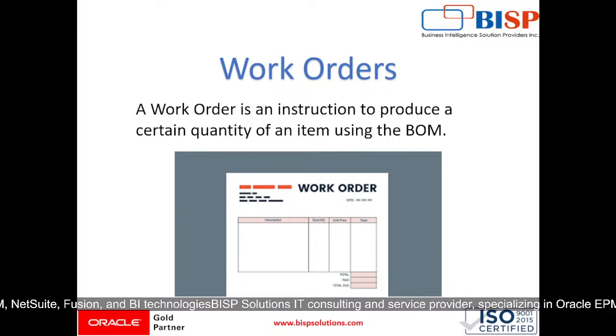On screen we can see the work order, where we can provide the description of the product which we are going to manufacture, the quantity we have to manufacture, like 1 or 2, and then the total pricing of the products which are used for making that end product.